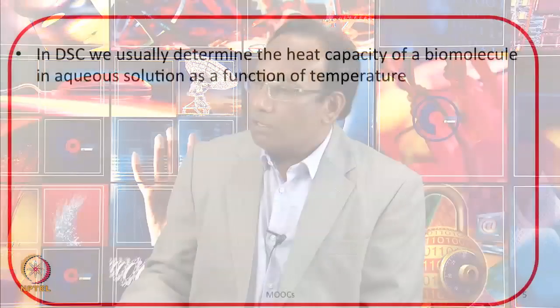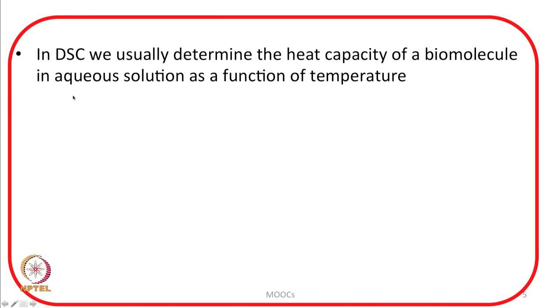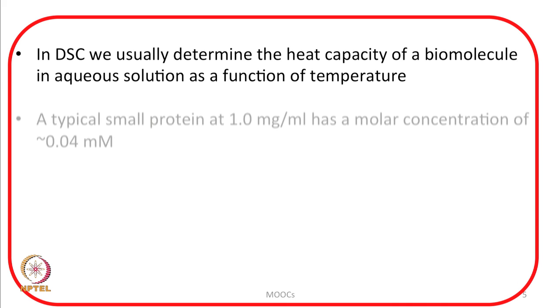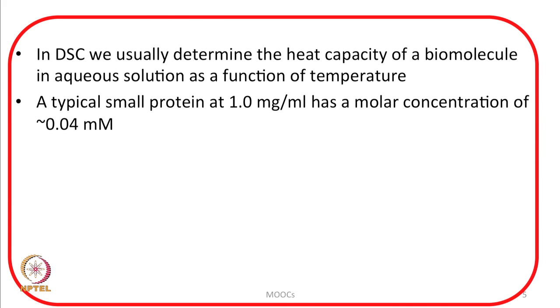So as commented over here, in DSC we usually determine the heat capacity of a biomolecule in aqueous solution as a function of temperature. Typically, when you prepare a protein solution, the molecular weight of protein is generally very large compared to your buffer or other small molecules.